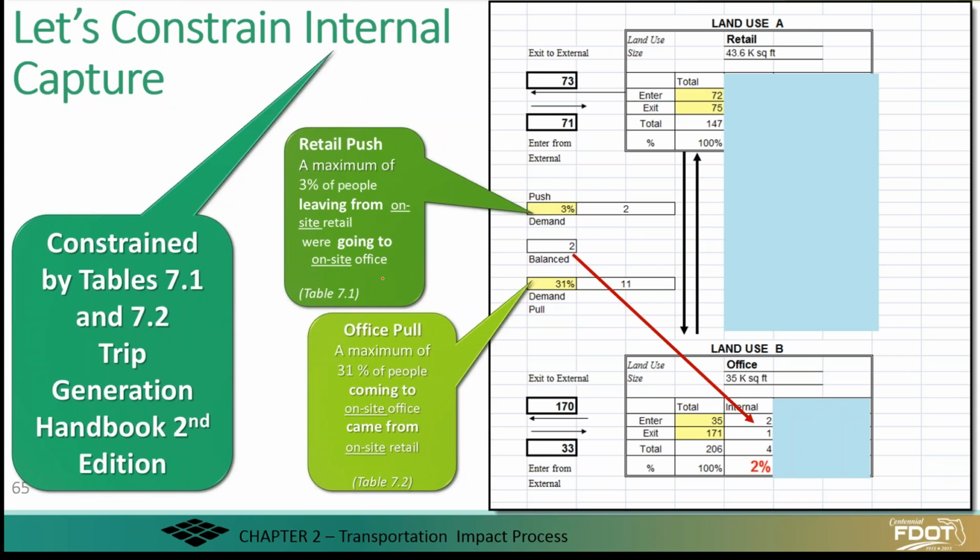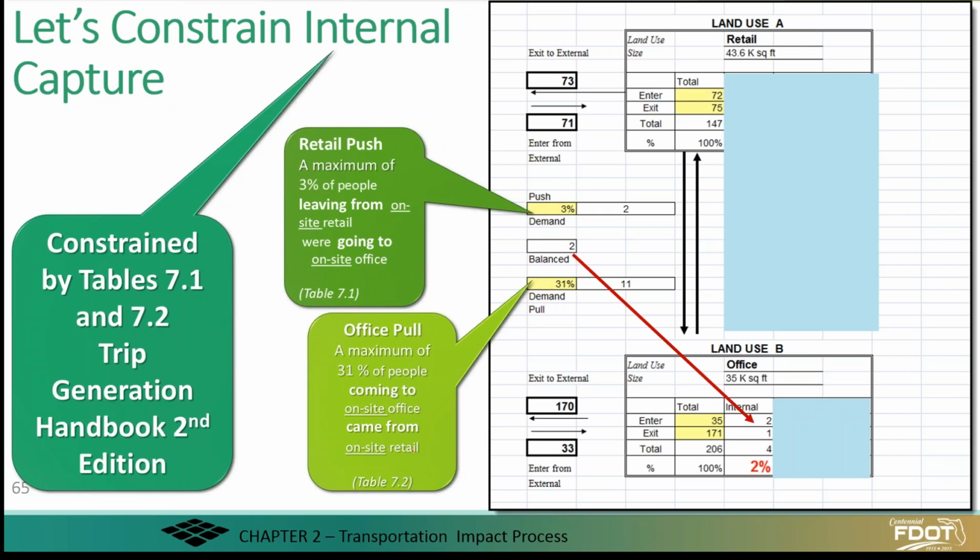All right? And so you put a 3% there. And then from table 7.2, a maximum of 31% of people coming to the on-site office came from on-site retail.